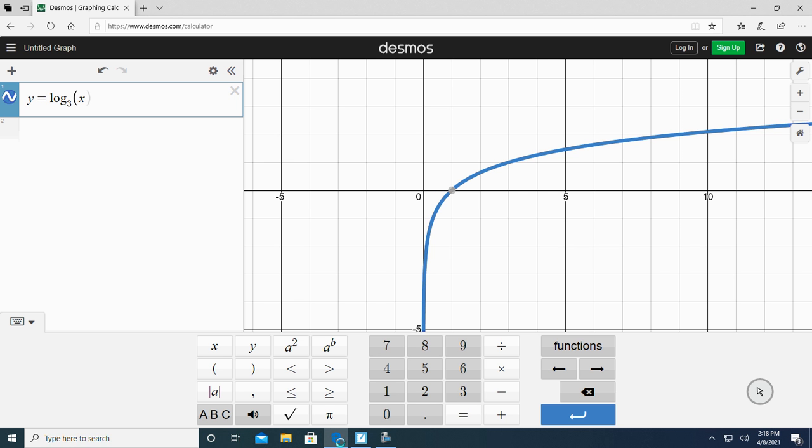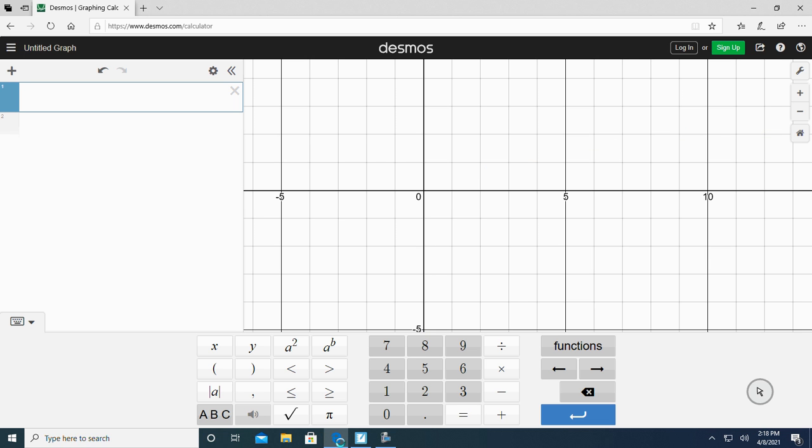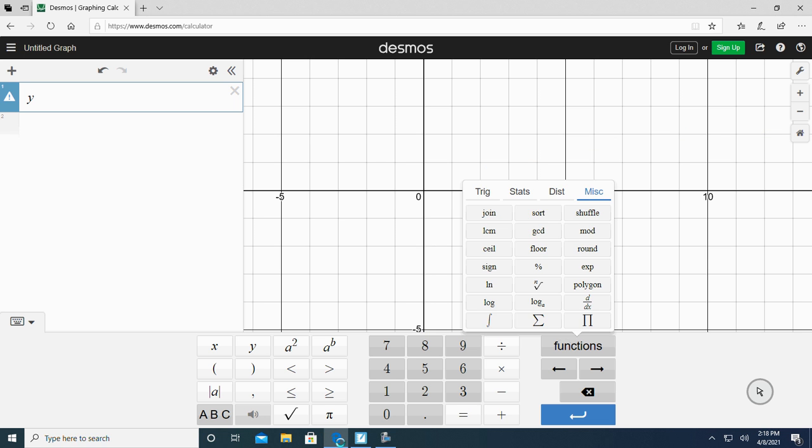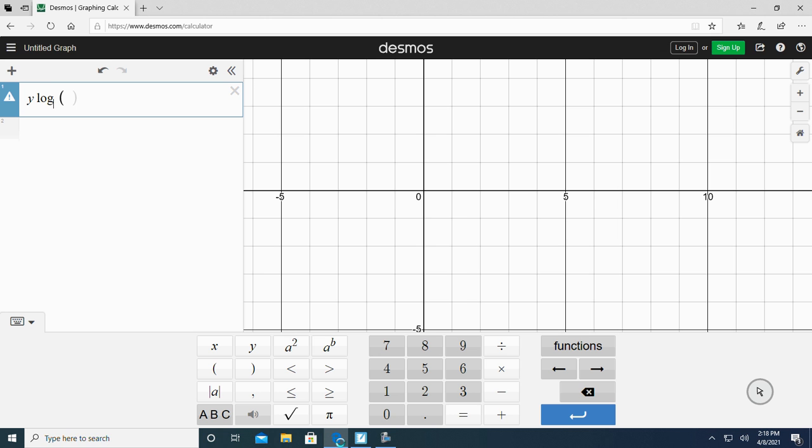Number 14 is log base 4. Just clear that. So I'm going to go y equals functions log base a of 4x.